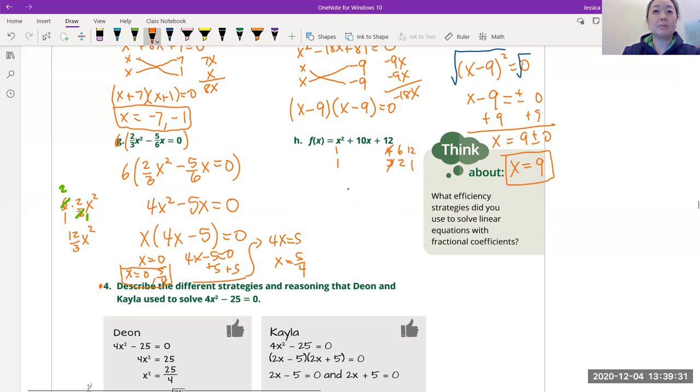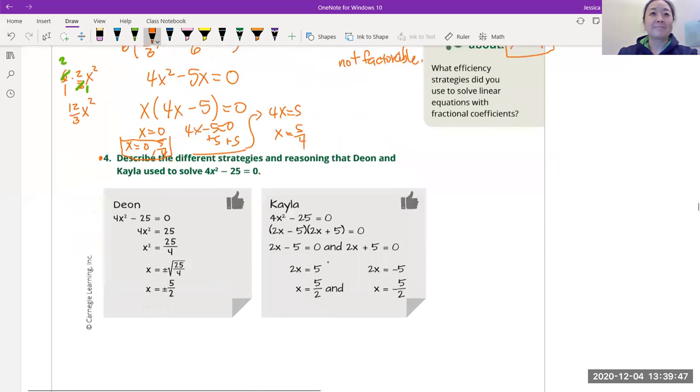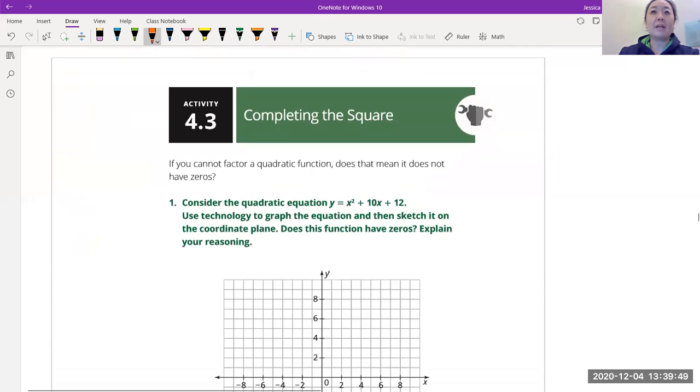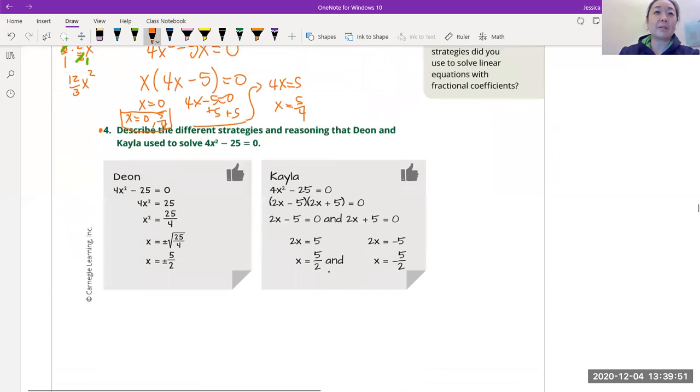Oh, not factorable. What do we do when it's not factorable? Uh-oh. We'll find out. We learn later on, like tomorrow, or not tomorrow, next lesson. Yeah, that's the thing. All right, we're just gonna stop right there.